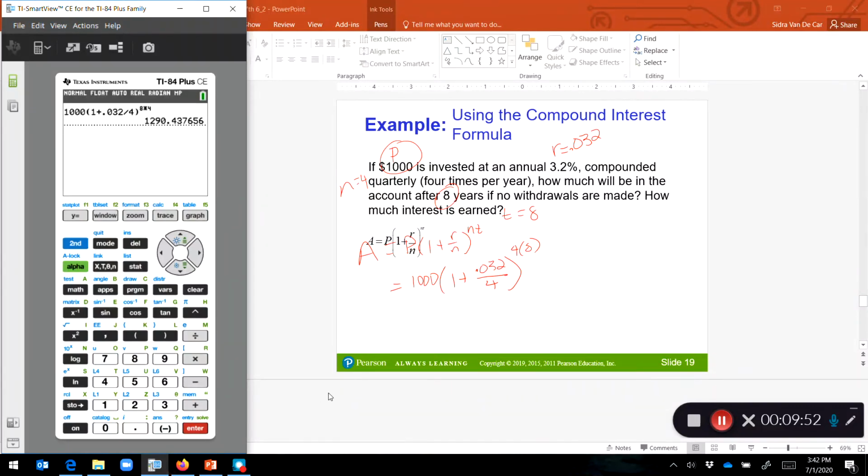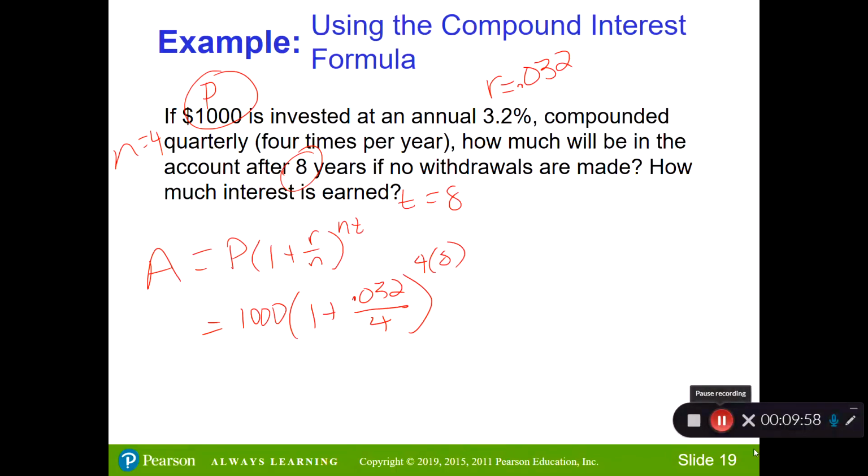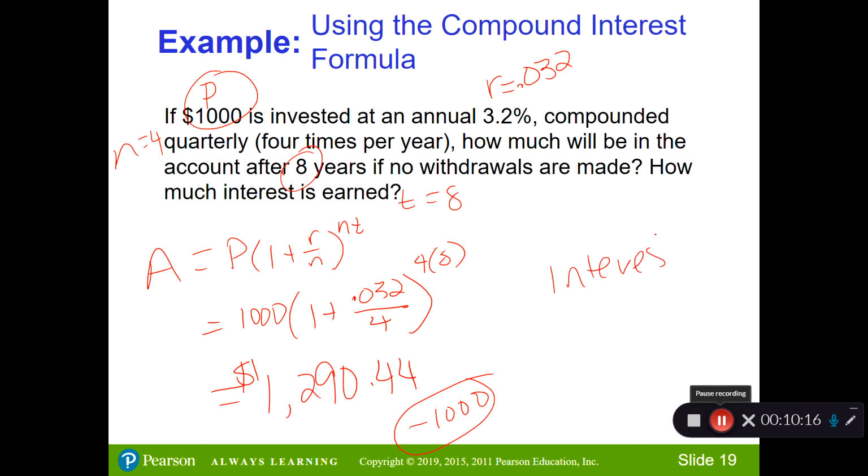And we get 1,290 and 44 cents. This is money, so we round to 2 decimals. Okay, so the principal was 1,000, so if I subtract 1,000, we'll answer the second question. Interest is $290.44.